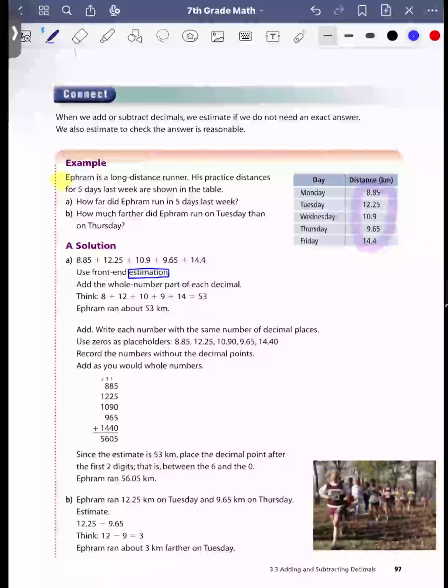We just add the front end to get a rough estimate of how much he ran last week, which is 8 plus 12 plus 10 plus 9 plus 14, which is 53, right? And then we're going to add the part that comes after the decimal point. Correct?